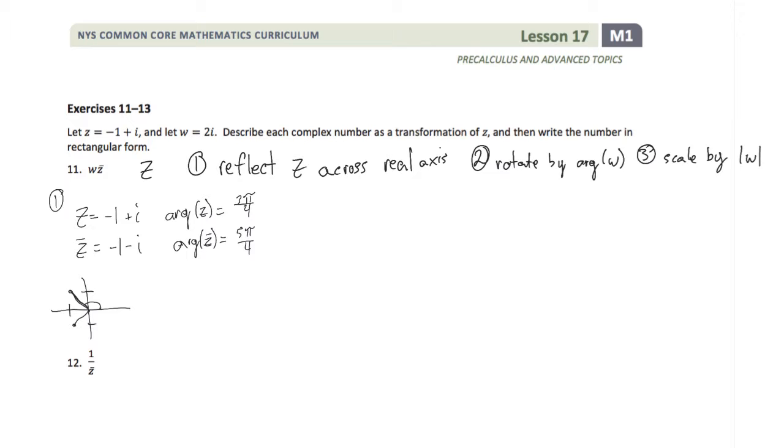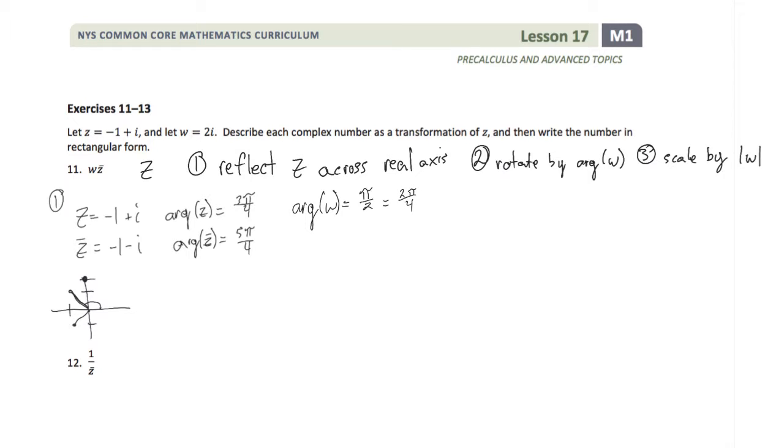So let's find the argument of W. Well, W is right here at 2i. So arg of W equals pi over 2, which I'm just going to write as 2 pi over 4 so we can have the same denominator.